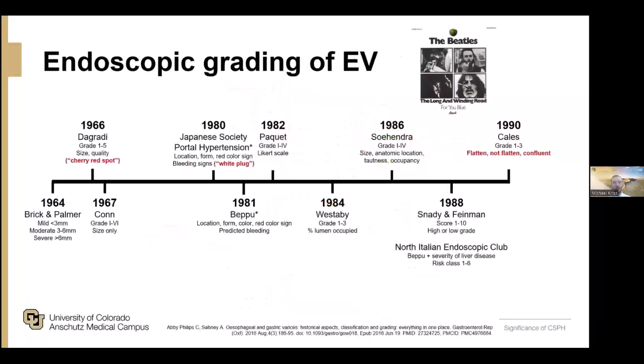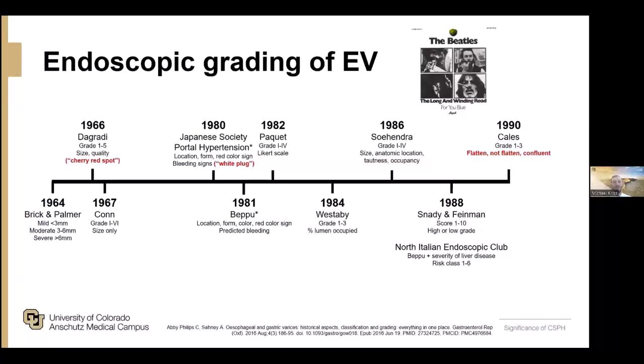Now, as I was preparing this talk and thinking about talking about varices as they relate to portal hypertension, it got me thinking about how we grade varices. And starting in the mid-60s with the advent of rigid endoscopy, there have been over a dozen different grading systems of varying complexity. And if you look initially, there was a size metric only, which, as I'll show you, we've come full circle on now. But then there's a whole series of qualitative findings that are described, many of which we still use, such as cherry red spots and white plugs or fibrin plugs.